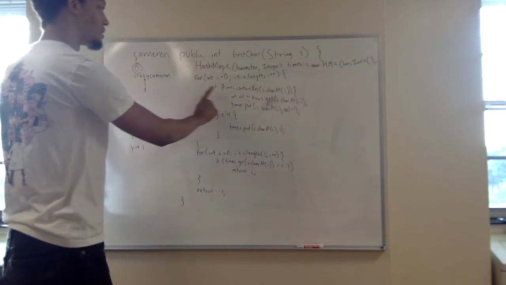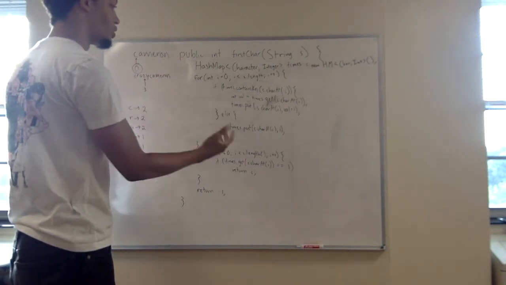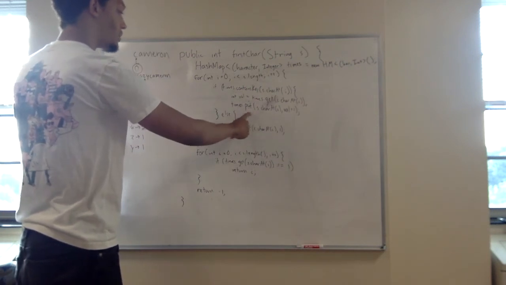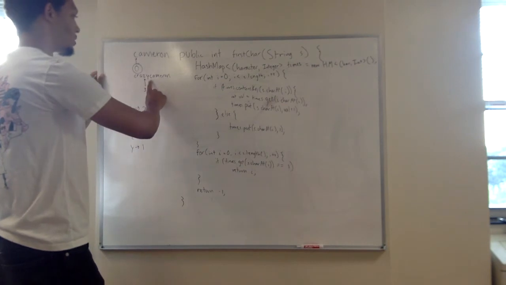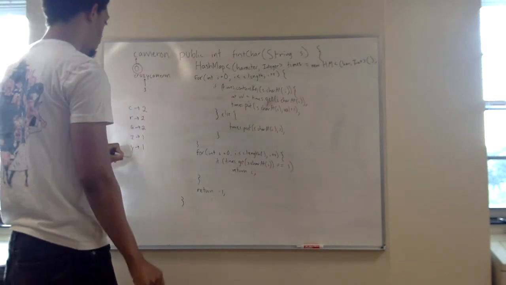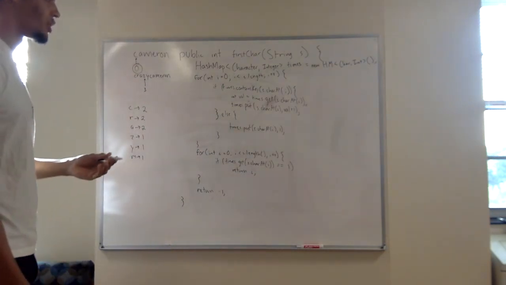But we know that times already contains C. So instead of creating a new entry, we're just going to put C back into the hash with its value increased, which is how we got to 2. And then M will point to 1, etc., until we reach the end of the string.